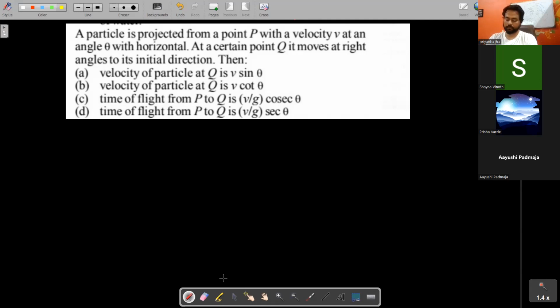So it makes sense to say V by g sine theta, but that's not an option. So I'm assuming it's the closest. Now I'll tell you.